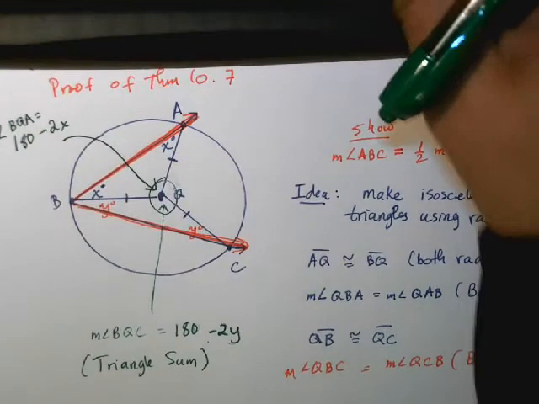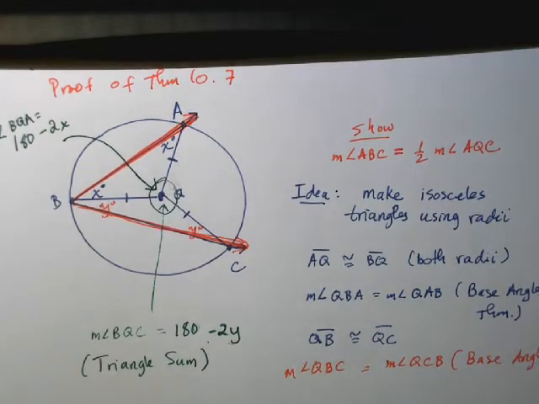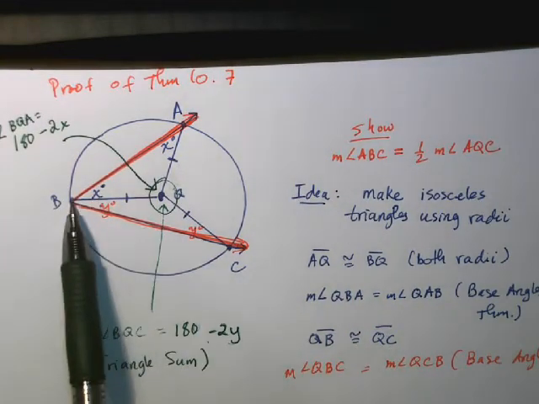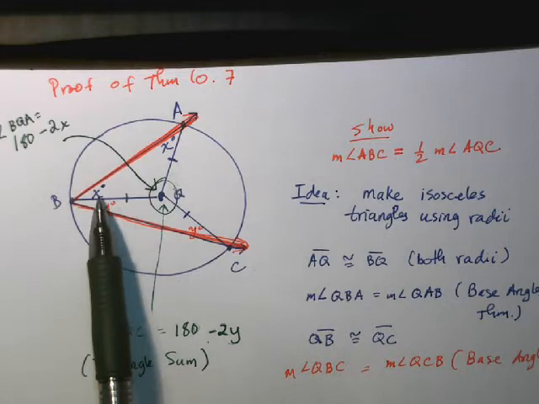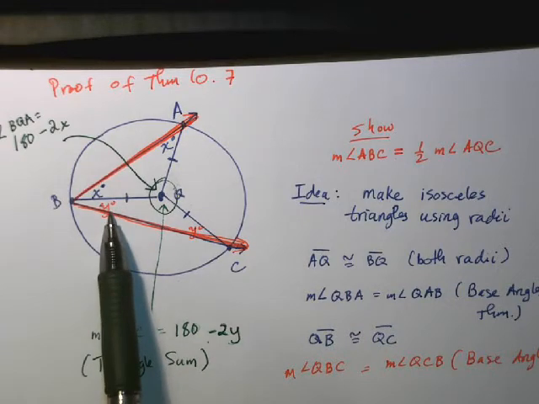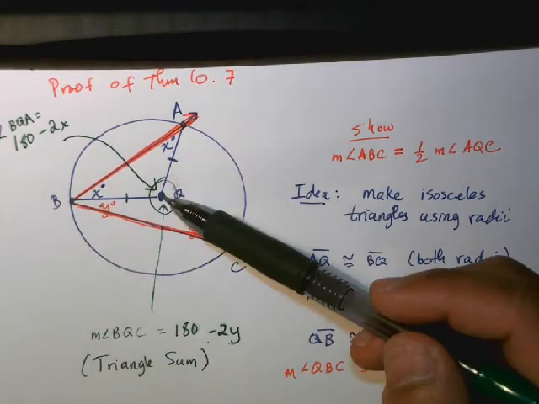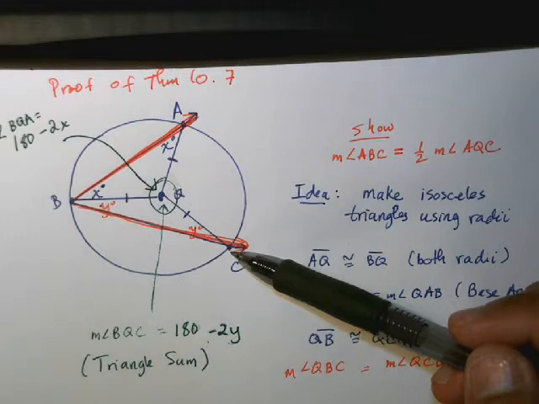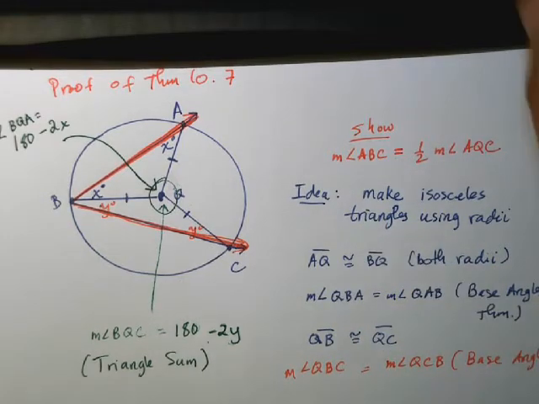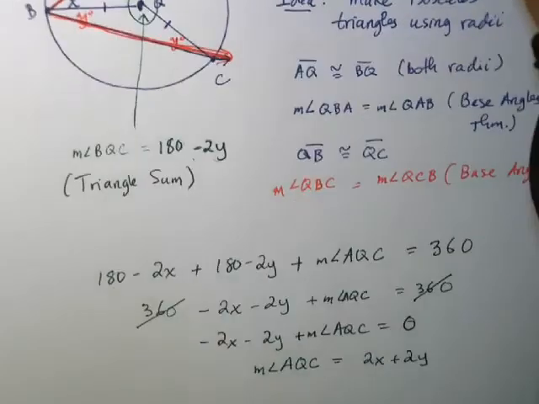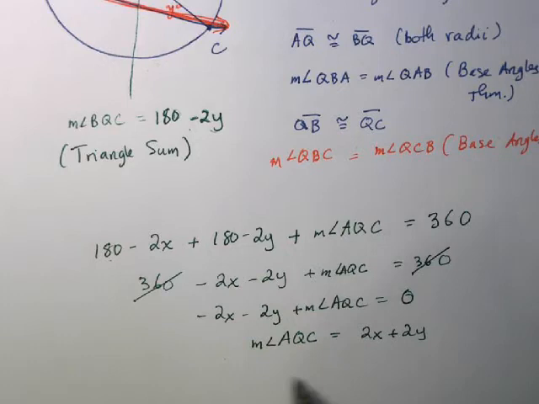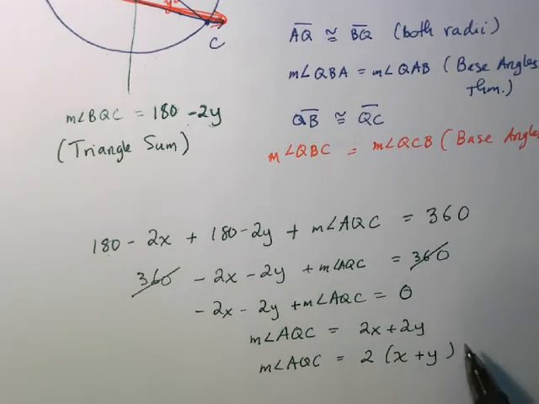Remember what we were trying to show. Sometimes these proofs get long and lengthy and we forget what we're trying to show. But we have angle ABC here is equal to x plus y. We want to show that AQC is going to be equal to 2 times x plus y. And we have just that. The measure of AQC is equal to 2, and we just factor out x plus y.